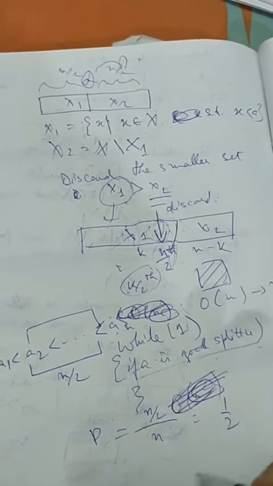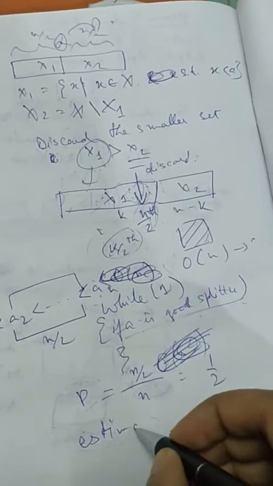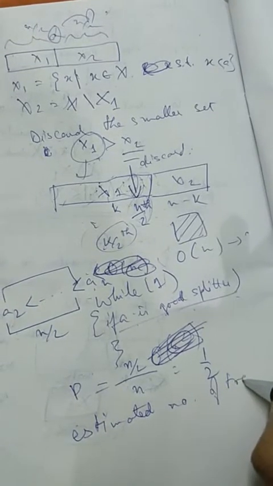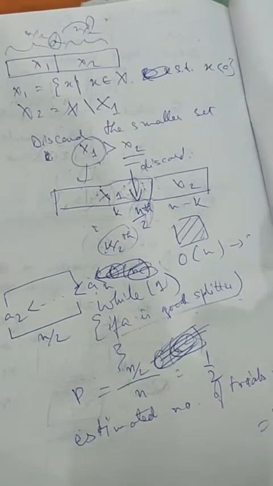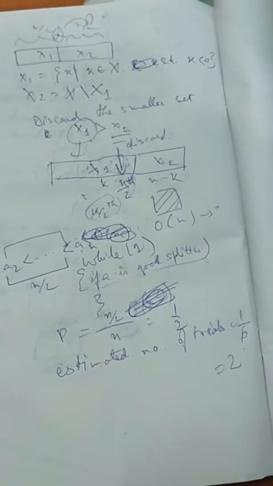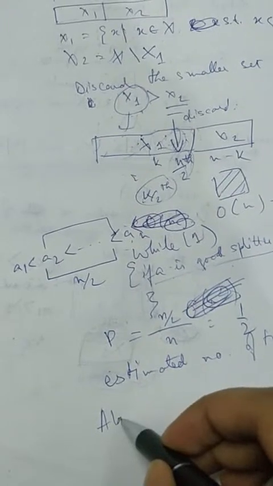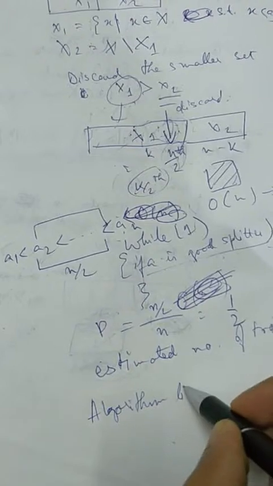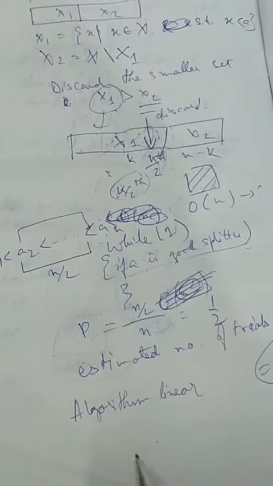So the probability is half. So the expected number of trials would be 1 by p, so basically 2. In 2 trials we are supposed to get a good splitter. So our algorithm will then be linear time, because in 2 trials we get a good splitter.